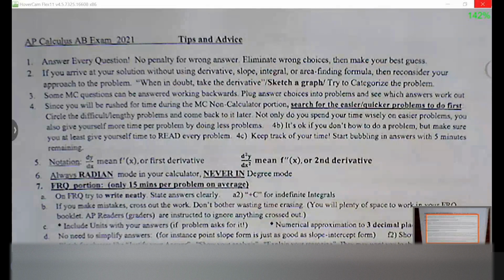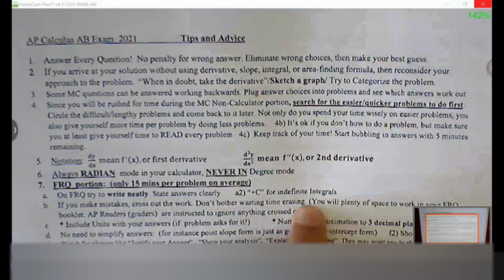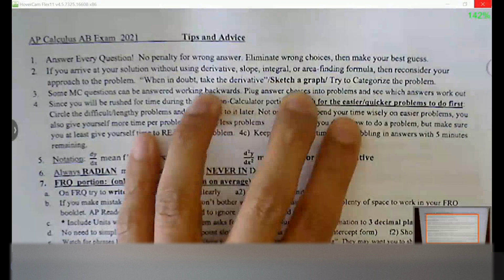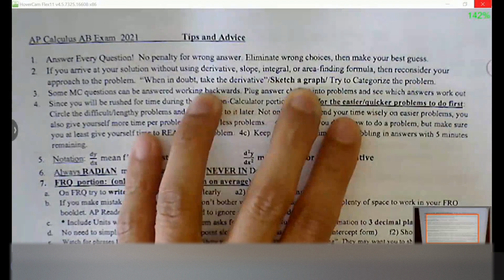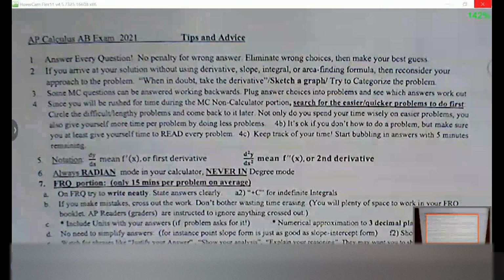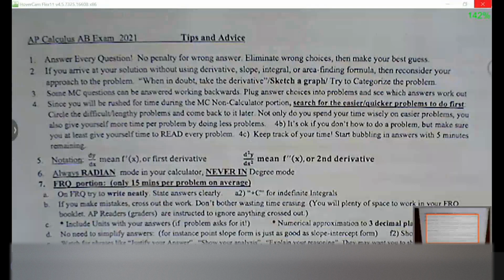as, oh wait, this is mean value theorem, or this is extreme value theorem, or Rolle's theorem, or second fundamental theorem. As complex as the problems can look, just know that the exam creators are restricted. They're restricted to the type of questions that they can ask, right?